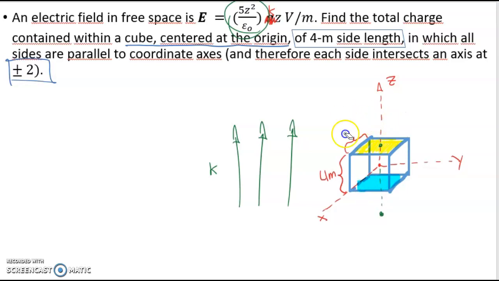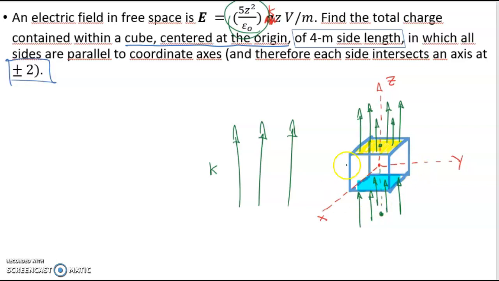For the upper side, we know that the electric field is going up. That means it's going out of the surface. For the lower side, the electric field is going up. That means it's going inside the surface.